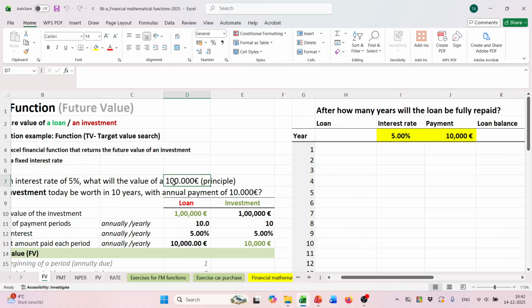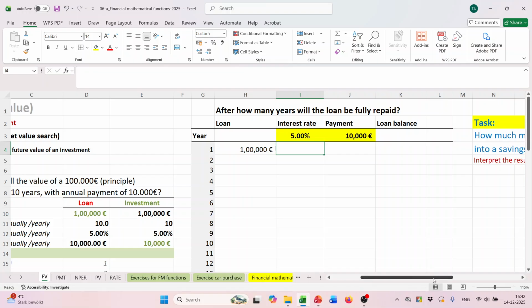So this is the principal, the loan the farmer has taken, so it will be the loan at the first year, so it should be 100,000 euro, and the interest rate is 5%.